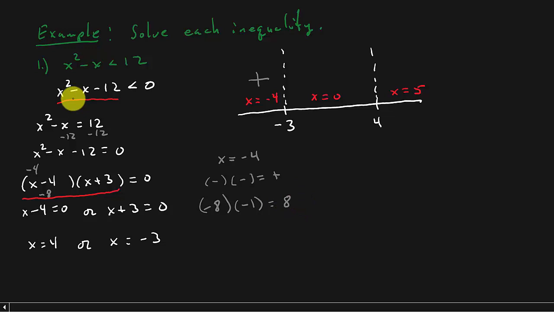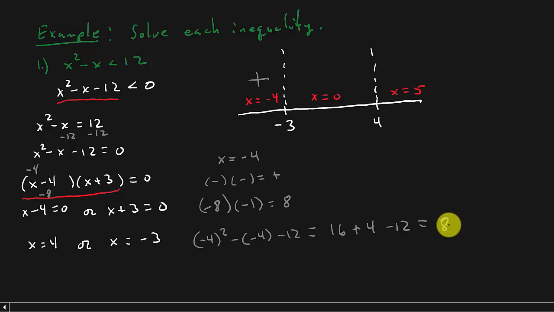Or you can come in here and you can take the -4 and plug it into this one, which would be -4 squared minus -4 minus 12. And you can see that's going to be 16 plus 4 minus 12. That's 20 minus 12 is 8. You get the same thing.